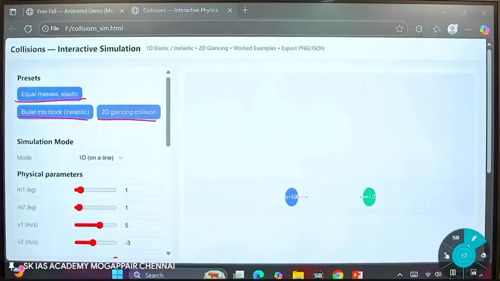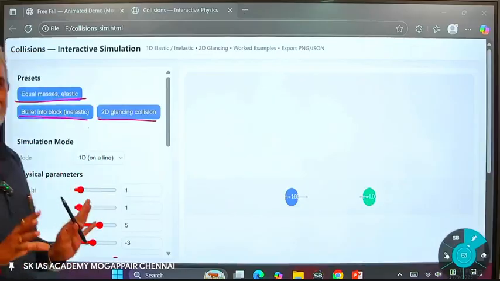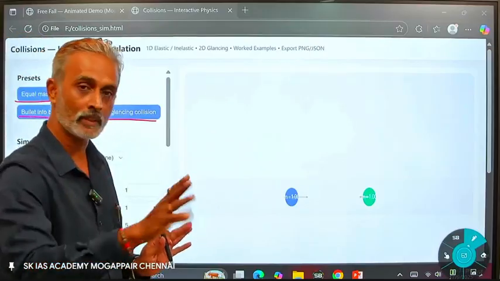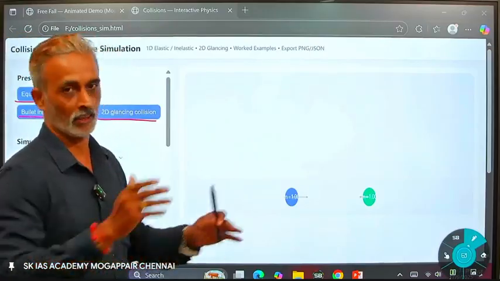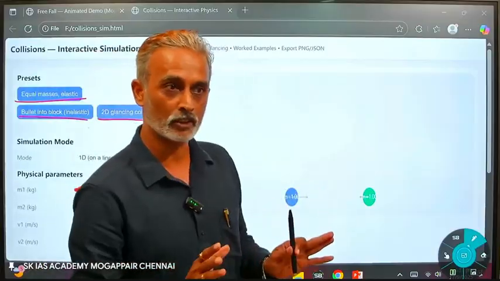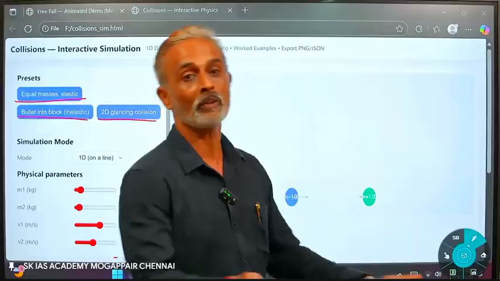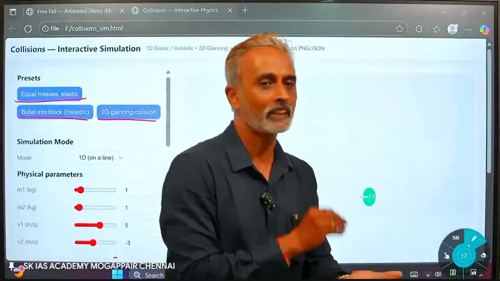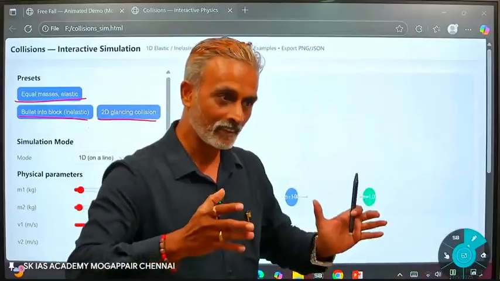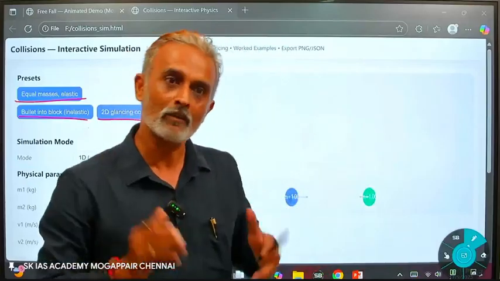But in the book, the definition is written, and as a student you don't understand. Normally 98% of students don't understand how it is going, what is going on there. Everything is written in the book, but a student doesn't understand what collision means.